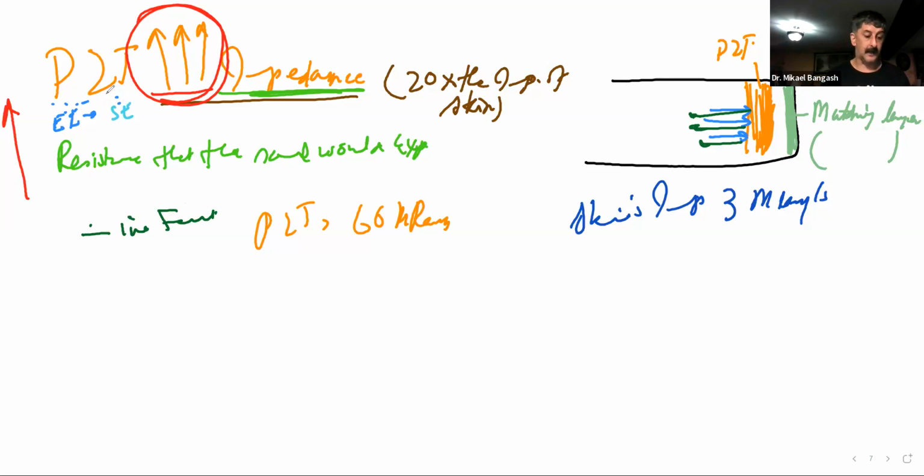So the question that came up is how do we do something that reduces this great impedance of the PZT, and allows the sound waves produced by the PZT to be transmitted ahead.